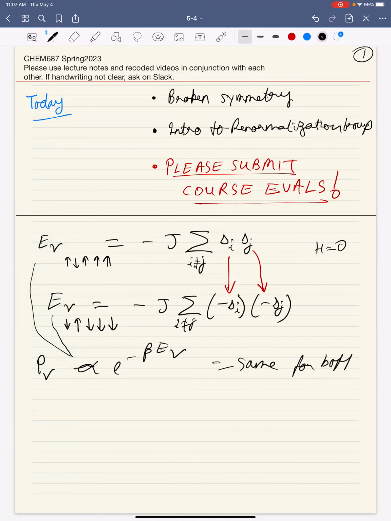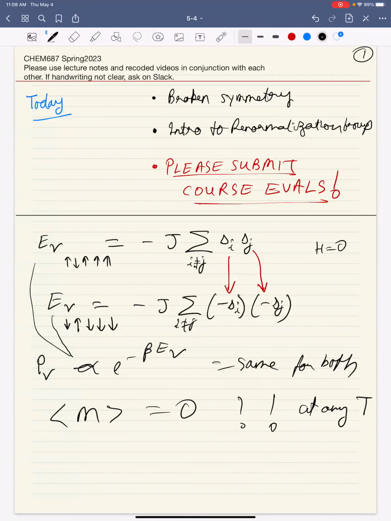We have a fundamental problem here, right? If you have any configuration with a given magnetization, the equal and opposite magnetization will have the same probability, which means that if you average out the magnetization, it should be 0 at any temperature, irrespective of any interaction. And we know this is not true, right?